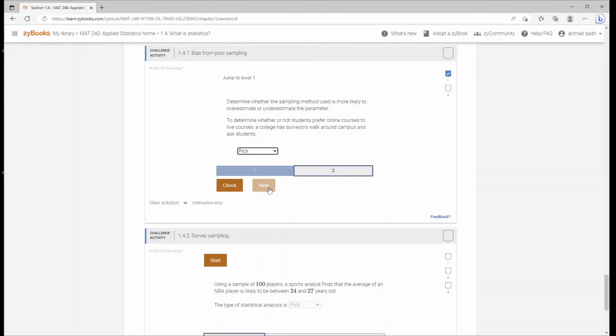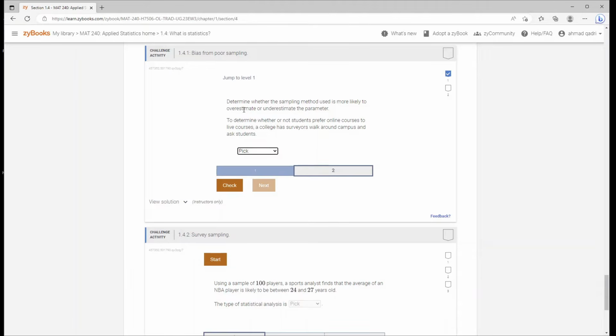Let's go to the next question. Determine whether the sampling method used is more likely to overestimate or underestimate the parameter. And the question is to determine whether or not students prefer online courses to live courses. A college has surveyors walk around campus and ask students. And so the problem here is that the survey is being done on campus. And on campus, we expect that most of the students are taking live courses.